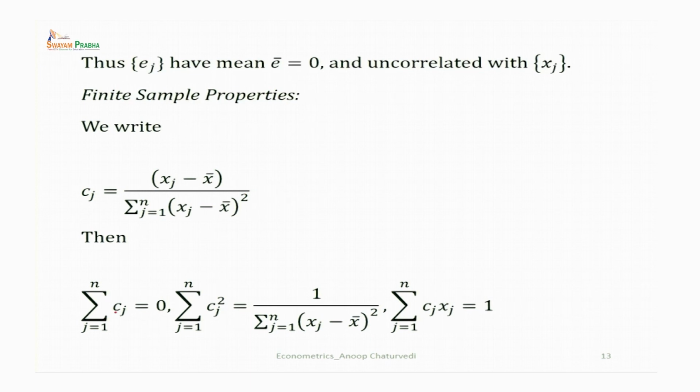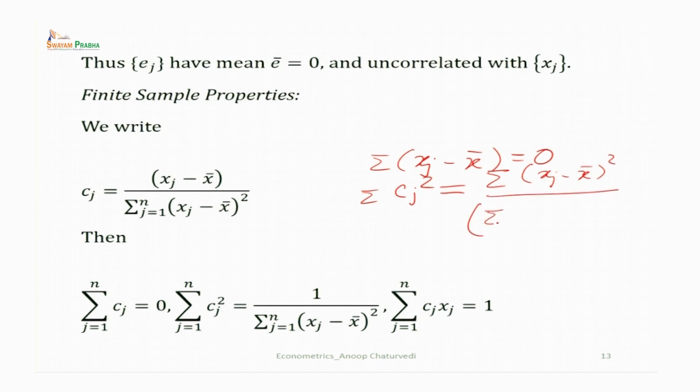Then obviously, summation C j is equal to 0, because it involves summation of (x j minus x bar), the sum of deviations from the mean of x j, which is 0. And summation C j square is equal to summation (x j minus x bar) square divided by the square of summation (x j minus x bar) square, so finally you obtain 1 upon summation (x j minus x bar) square.